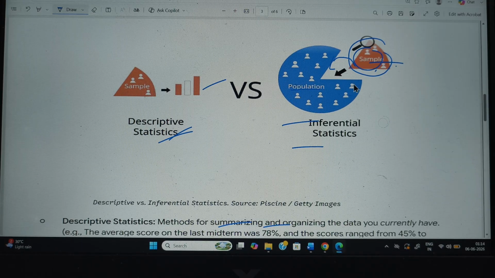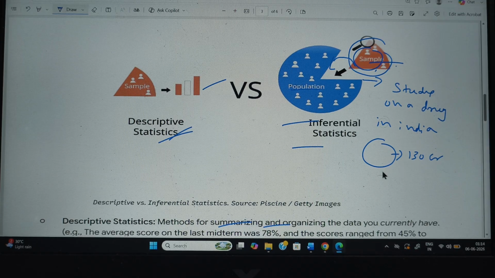Sample is nothing but we take some part of a population. For example, we need to conduct a study on a drug in India. Obviously we can't do that on the whole population. I think our population is near 130 crore, but what we can do is, in all the states we can identify some sample, and we can get approval for conducting the study.